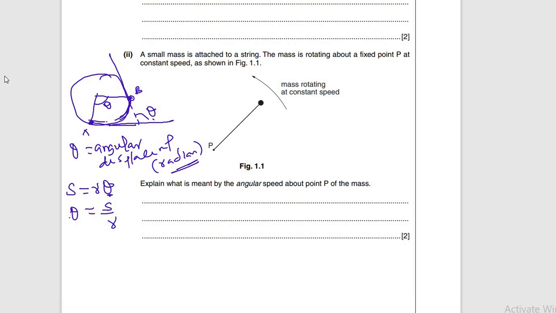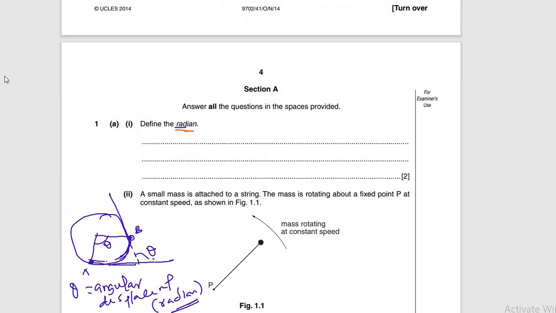If you are asked to define radian, theta is measured in radian. So to get 1 radian, the length of the arc must be 1 and the radius must be 1. 1 over 1 gives us 1 radian. So we can use this concept to define the radian.